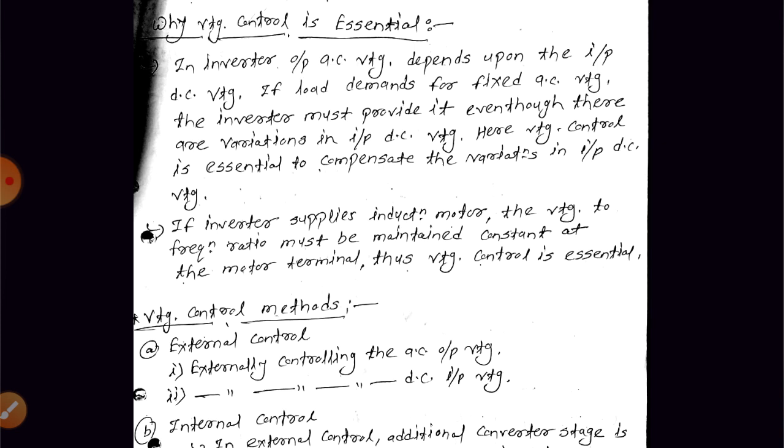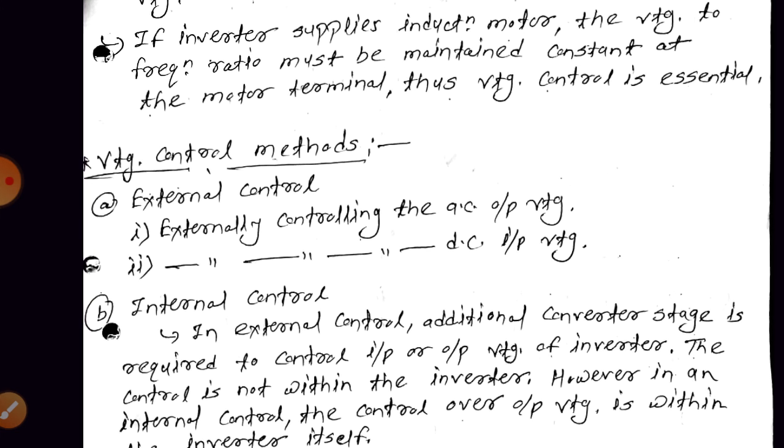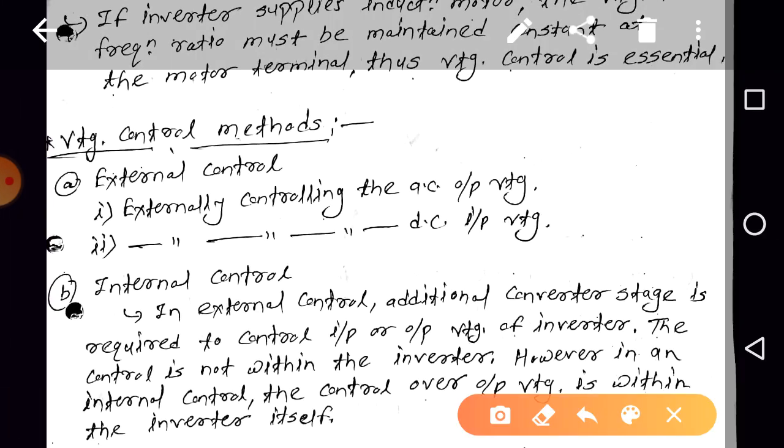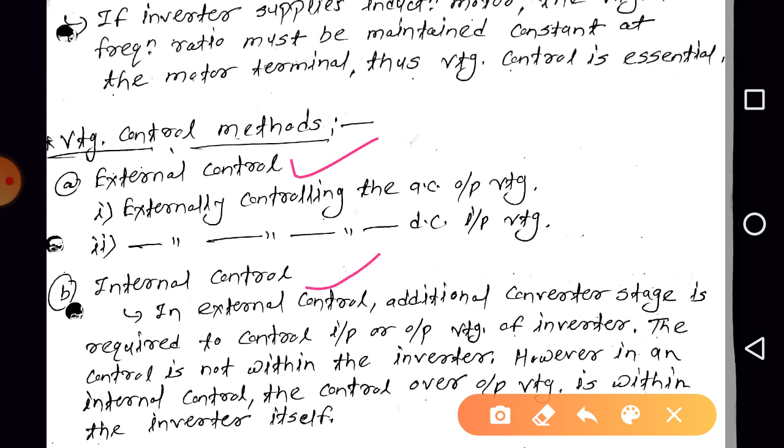Okay, next, the voltage control methods, right? We have different voltage control methods. One is the external control, second one is the internal control. In the external control, we again have two types: externally controlling the AC output voltage and externally controlling the DC input voltage.